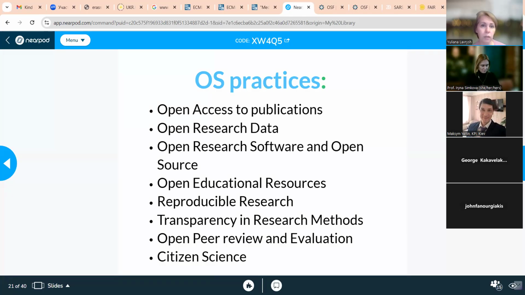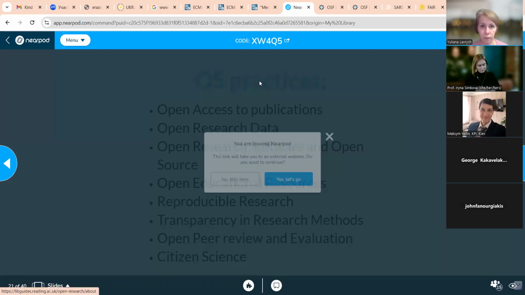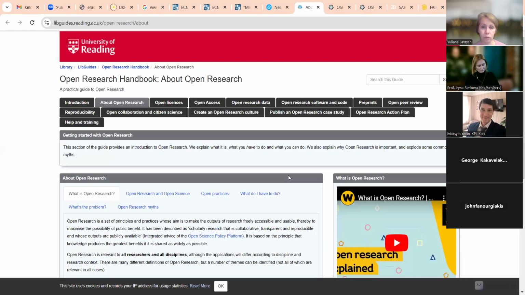Okay, now, what other open science practices might you face, and should know what they mean? As I told you, in this Nearpod, everything in blue is clickable, and you can click and open the necessary resource, which will tell you about some point, fact, or information.